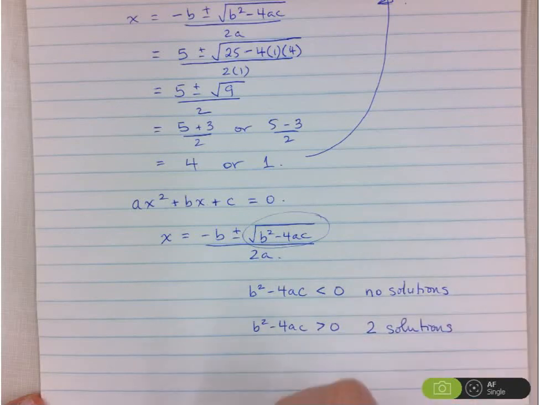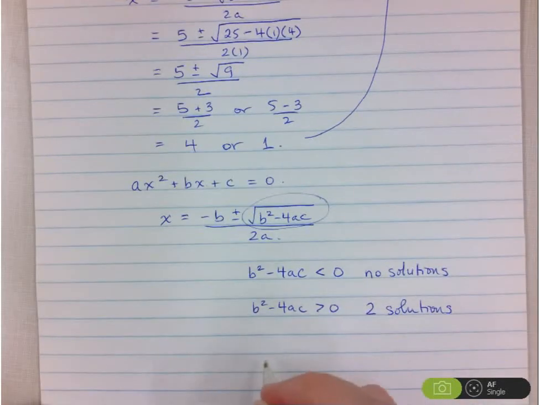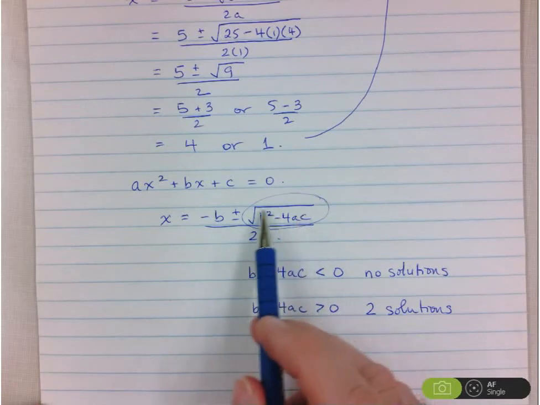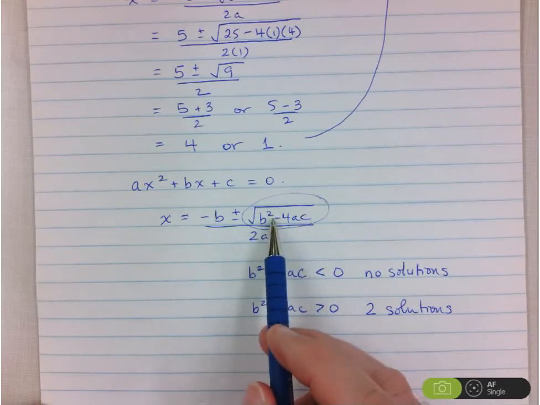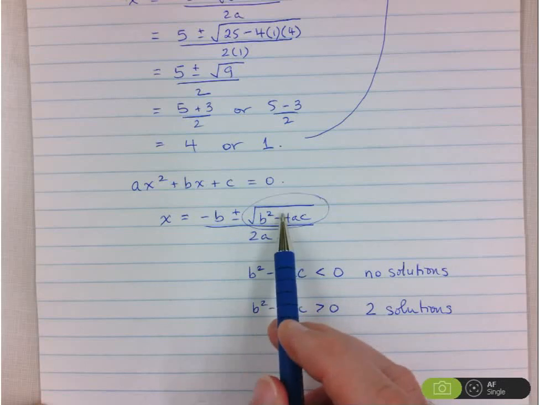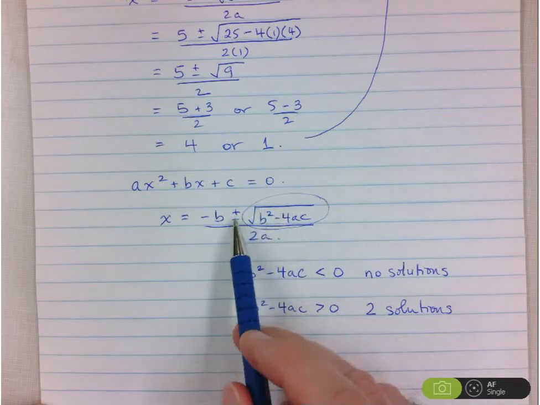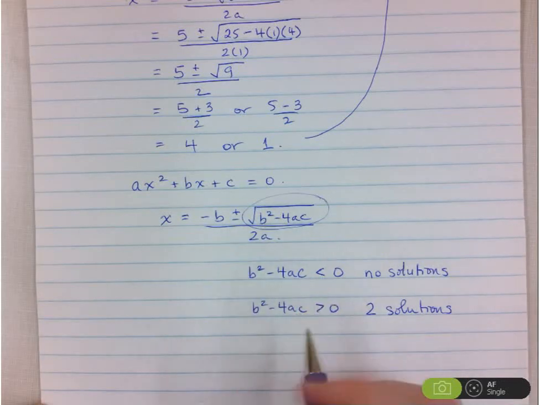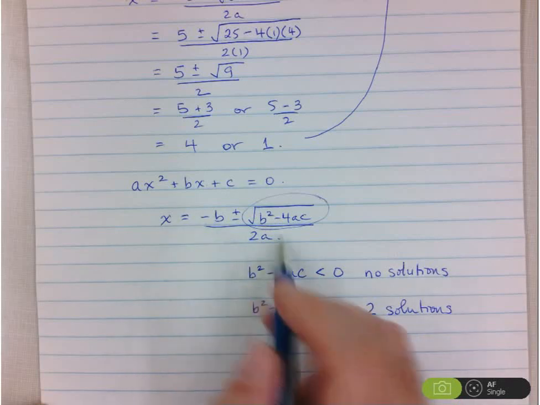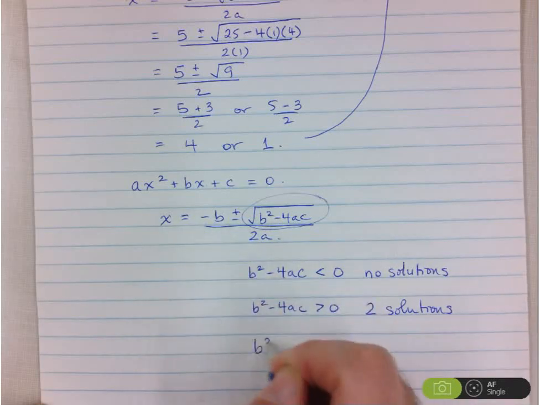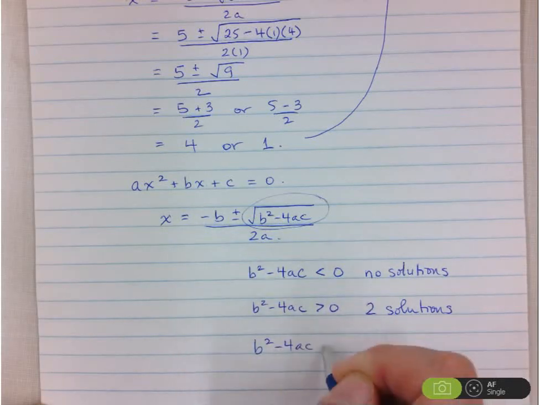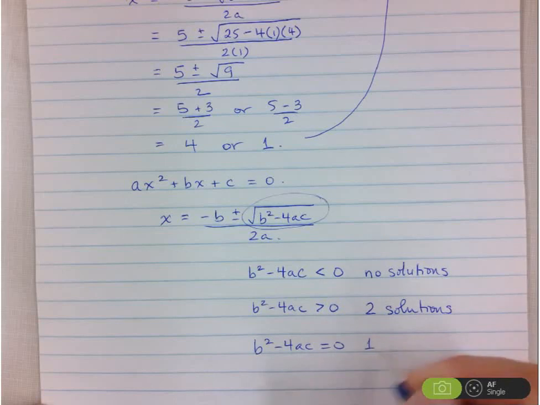What would it take for us to have only one solution? Well, that's when we realize, oh, wait a minute. What if this thing inside the square root is equal to 0? Square root of 0 is just 0. So adding 0 or subtracting 0 is of no consequence. I would end up with just one answer. So b squared minus 4ac equal to 0 means that I have only one solution.